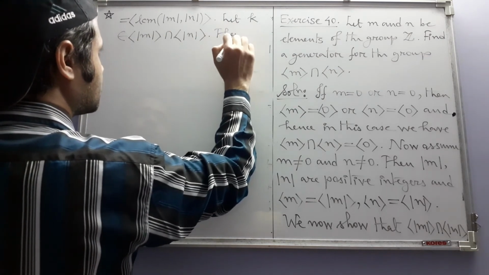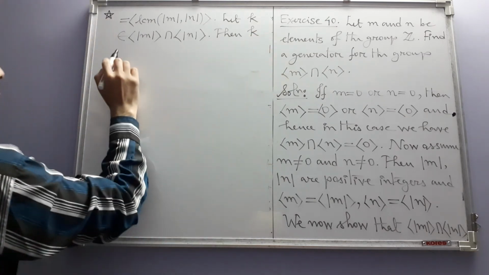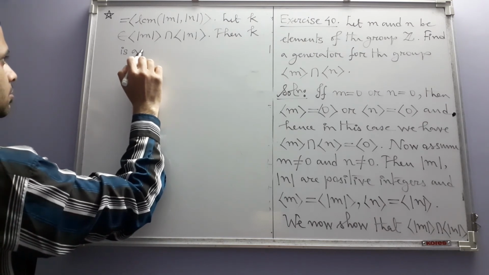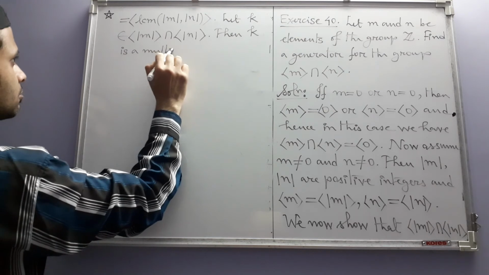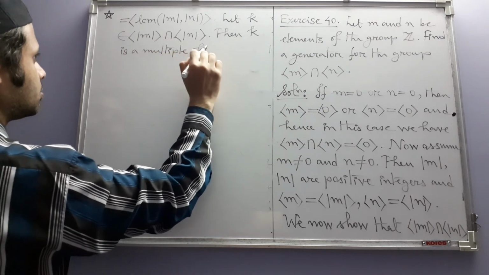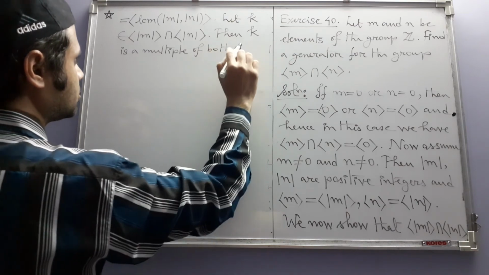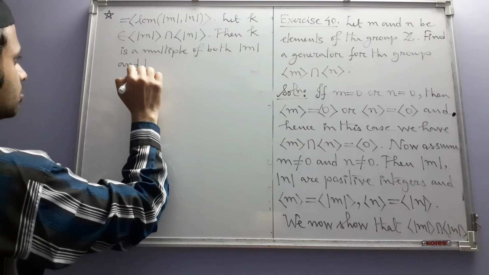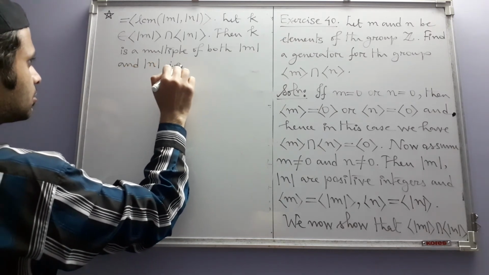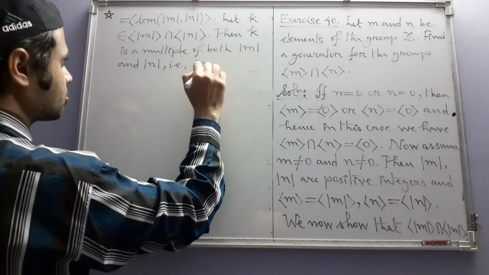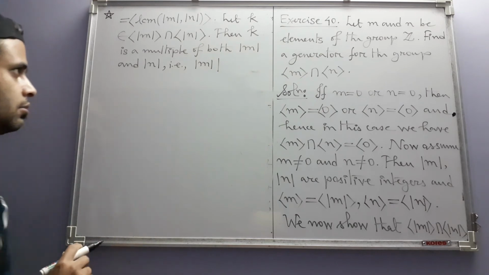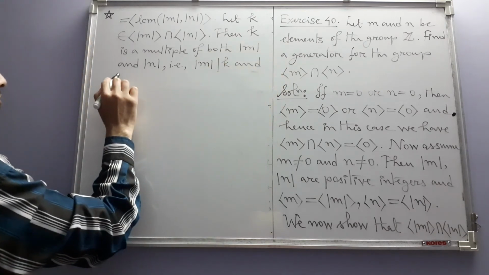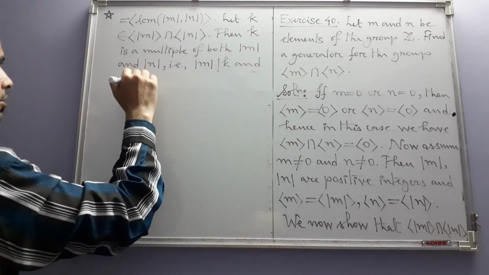Then k is a multiple of both, that is, this positive integer divides k and this positive integer also divides k.